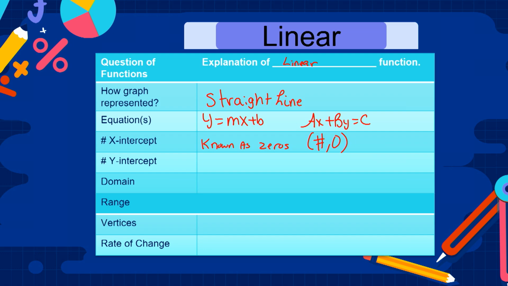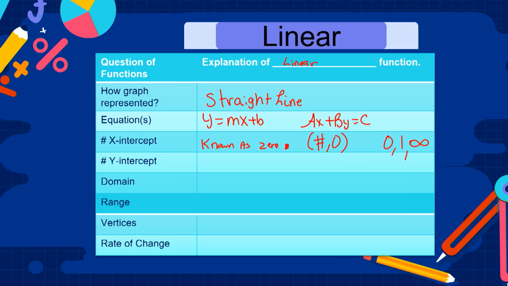We only have the one for a linear equation, and we're either going to have no x-intercepts, one x-intercept, or sometimes, depending on how that linear function looks, it may go all the way across the x-axis. So I could say we have an infinite amount of x-intercepts.